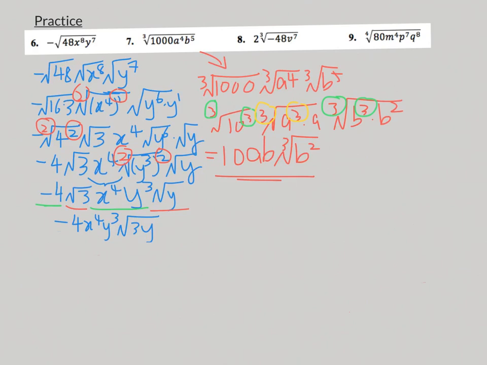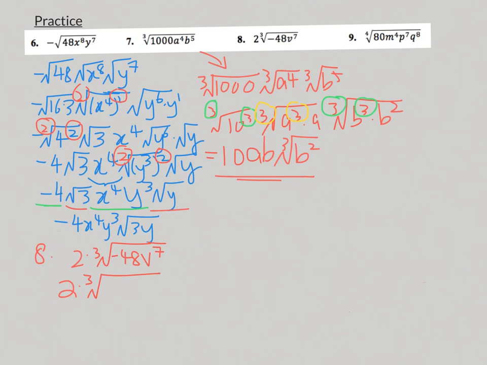For number 8, we are looking at 2 times the cube root of negative 48 times b to the 7th. So 2 stays as a product. Let's look at what are the possible factors of 48 that can be a cube number.